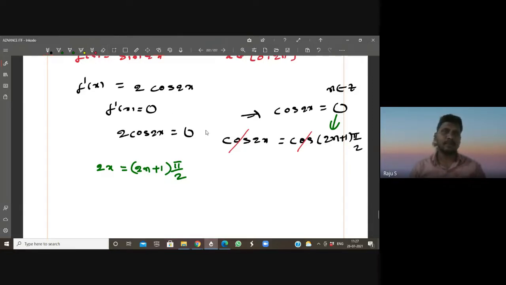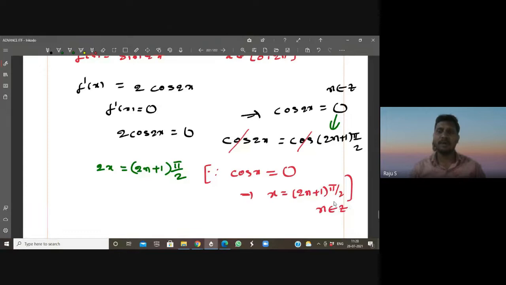Since when cos x is equal to 0, the general solution is given by x is equal to 2n plus 1 pi by 2. Clear? Substitute 2n plus 1 pi by 2 in place of x. Here n belongs to Z. For every integer, when x is equal to 2n plus 1 pi by 2, it will become 0.